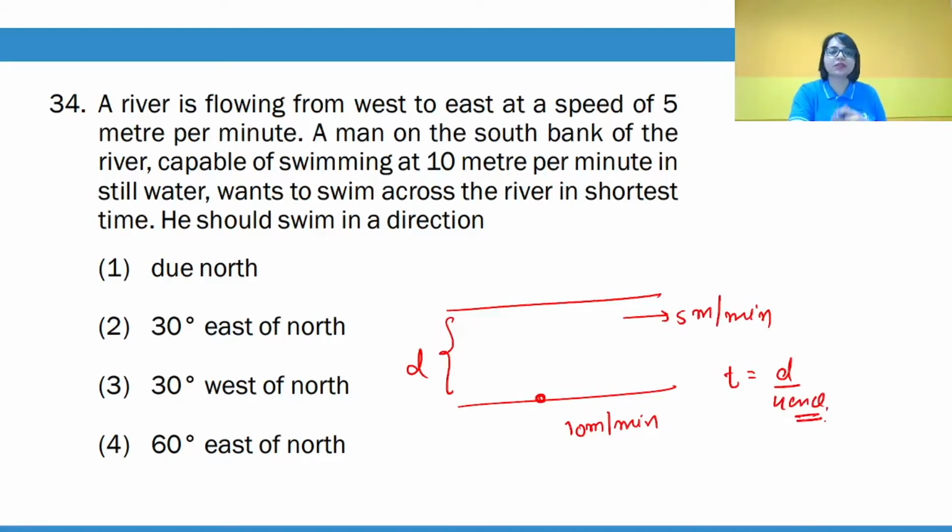So if you want this time to be shortest, u cos theta should be maximum. That means cos theta should be maximum. Cos theta is maximum when it is 1, and it happens when angle is 0 degree. So person should start directly like this, right? So this should be the direction of motion of the person from this point. So it will be due north. So correct answer is option 1.